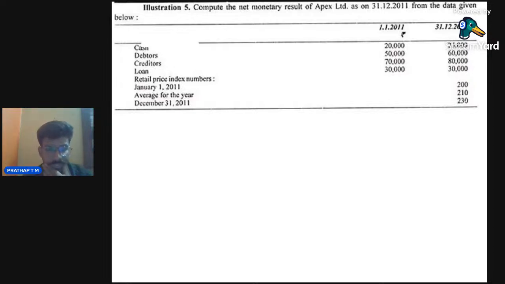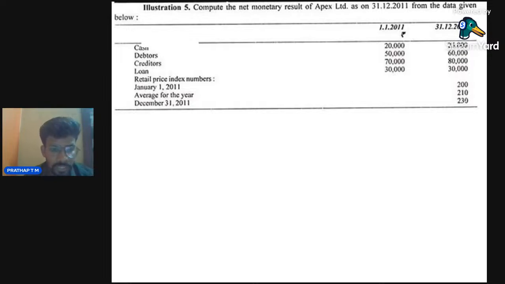This 1 lakh, we have to convert it to closing value, that is 230 divided by 200. If we calculate that, the 1 lakh converted to closing value becomes 1 lakh 15,000.